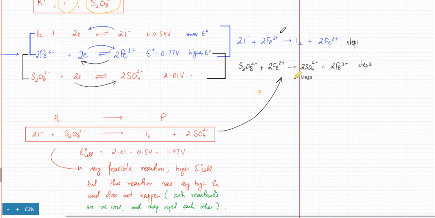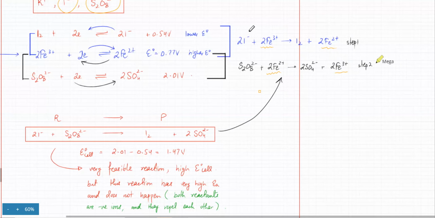What's happening to the iron catalyst? If you look at the two steps together, you would notice that Fe3 plus in the first step changed into Fe2 plus, and in the next step, Fe2 plus changed back into Fe3 plus. So that indicates that there's no overall change that's happening to the catalyst. And you're getting both of your products, but in 2 steps. In the first step, I minus 1 gets converted into I2, so you get I2.